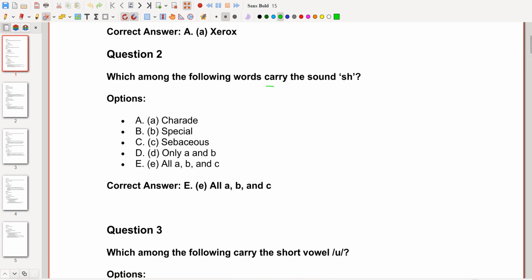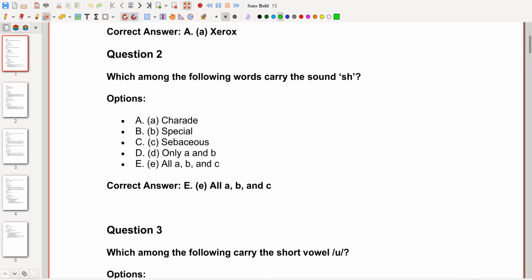Okay. Now, let's move on to the second question. Which among the following words carry the sound sh? See, we are going to read all the words given in the options and check which words carry the sh sound. See, charade, special, sebaceous.